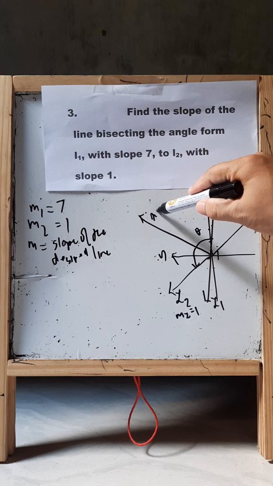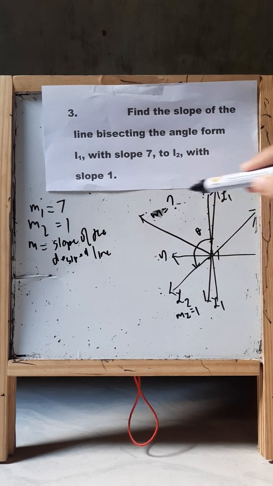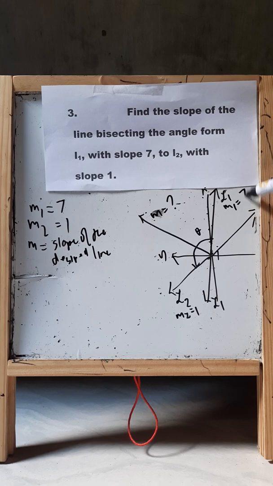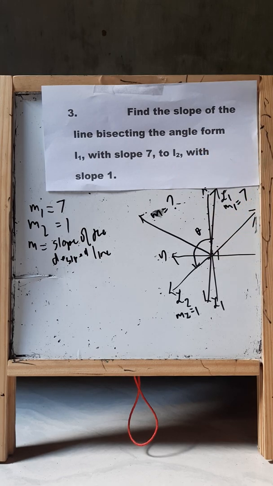And the question is, what is the slope of this angle bisector, M? The slope of line 1 is 7. The slope of line 2 is 1. What is the slope of the line that bisects the angle formed between these two lines?